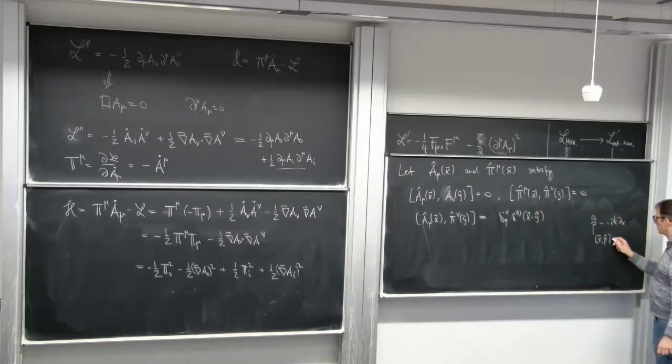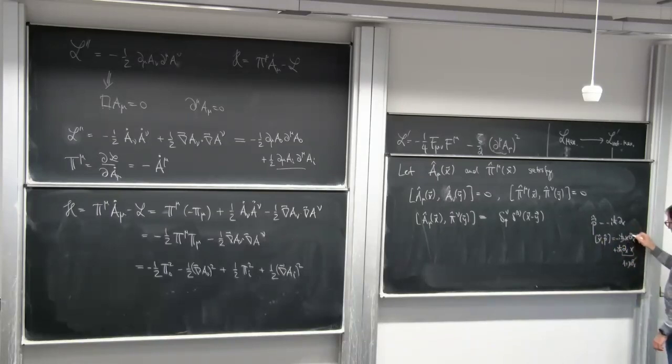And so what's left? You have minus i h bar x d_x in the first order, and then we have plus i h bar d_x x in the other order. You should think of this as another function, so this is equal to 1 plus x d_x.